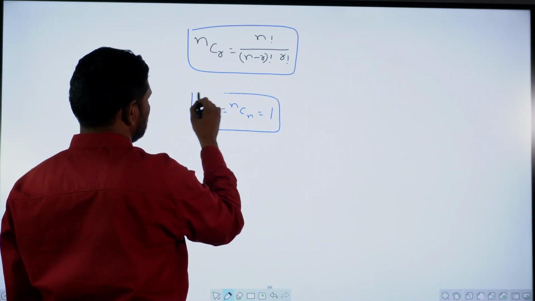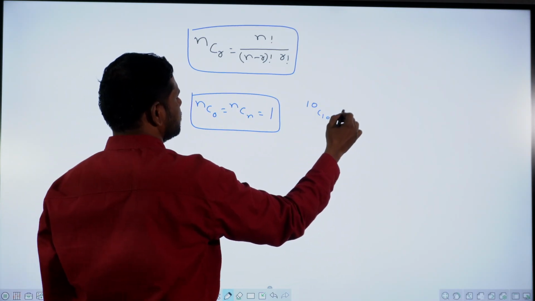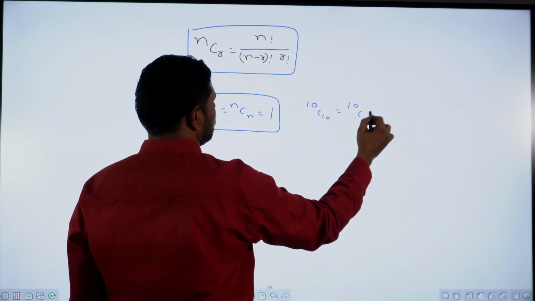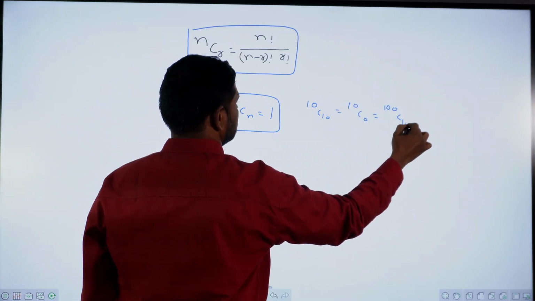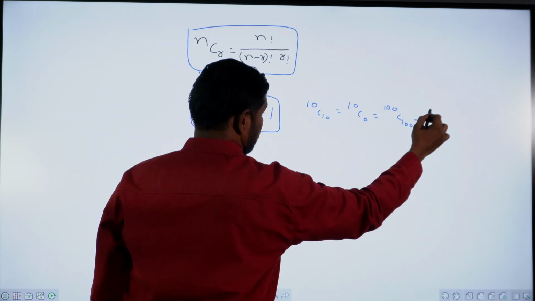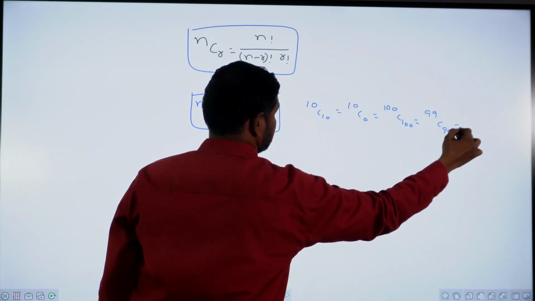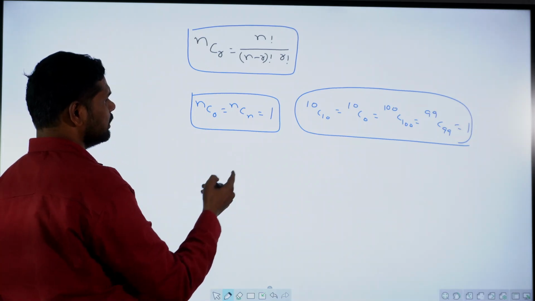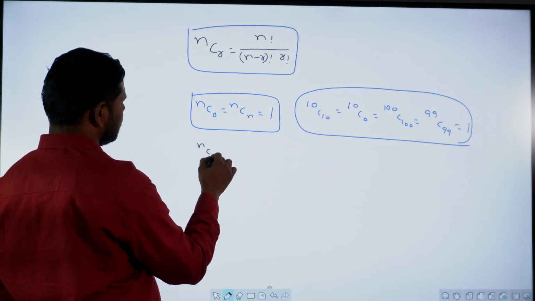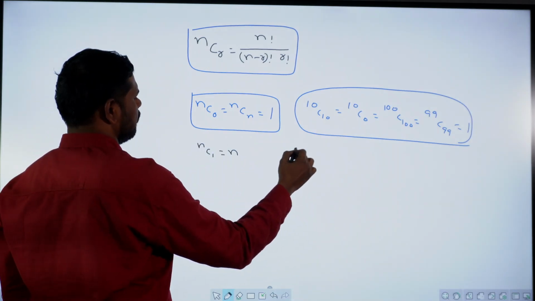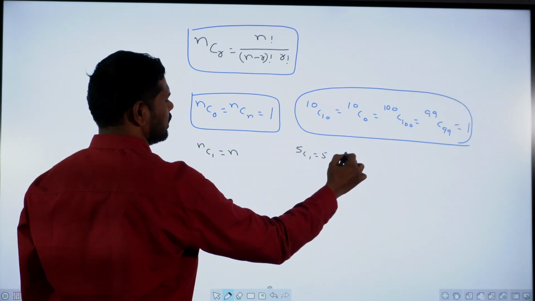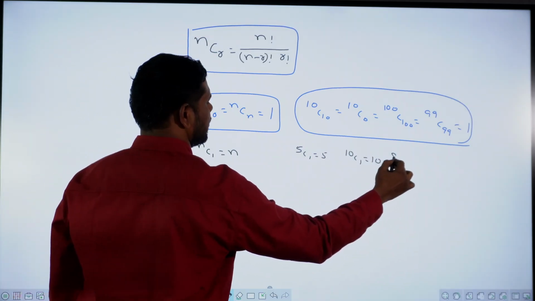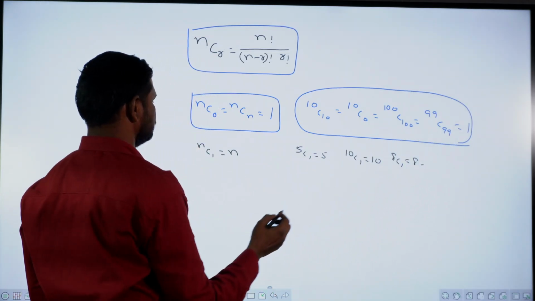This is also important. 10C10, 10C0, 100C100, 99C99: these values are always equal to 1. Similarly NC1 is always equal to n. 5C1 value is 5, no need to calculate. 10C1 value is 10, 8C1 value is 8, like this.